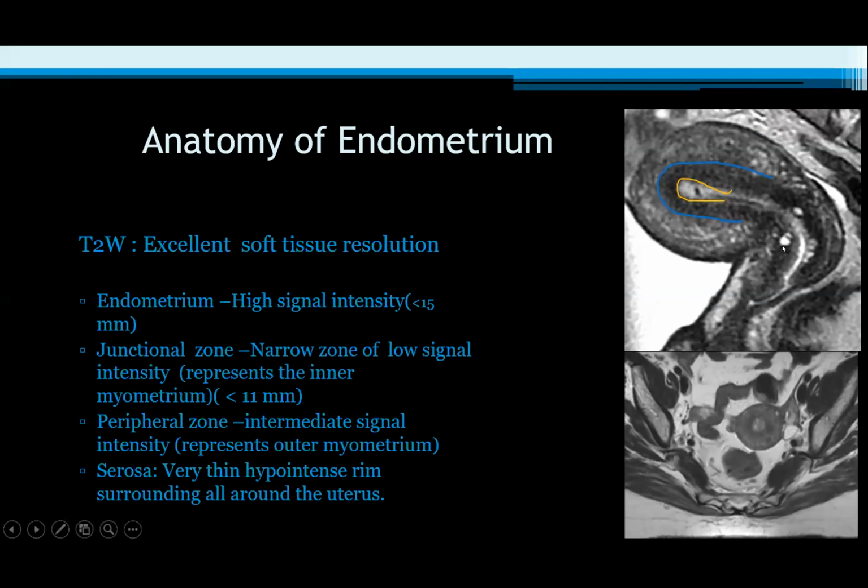So if these are disrupted, then we can definitely say that the cervix is involved.